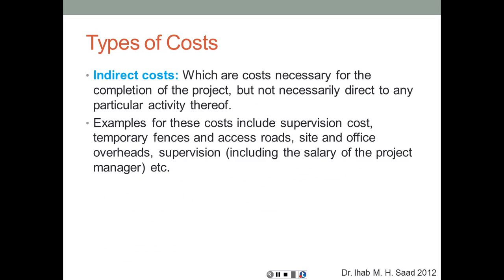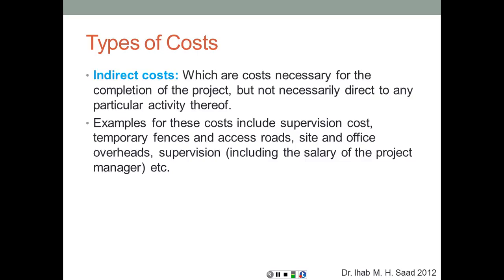The other type, according to this classification, is indirect costs, which are costs necessary for the completion of the project. You cannot do the project without these costs, but it is not necessarily direct to any particular activity thereof. Examples of these costs include supervision costs, like the salary of the superintendent, who does not do any physical work but supervises all the work. Same thing for a security guard.